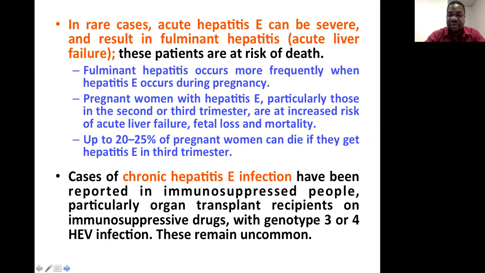Those have been shown to develop chronic infection. Remember, genotype 1 and 2 are commonly found among humans, and 3 and 4 are mainly circulating among animals.